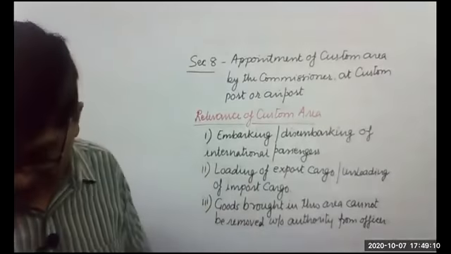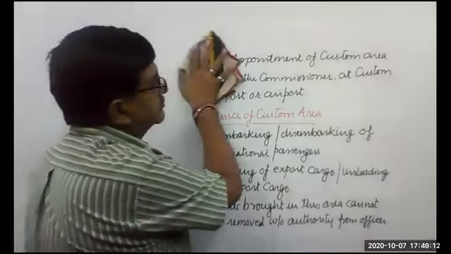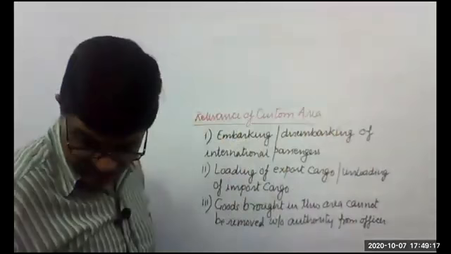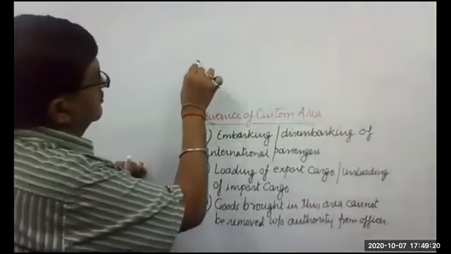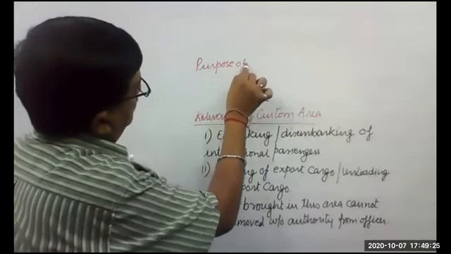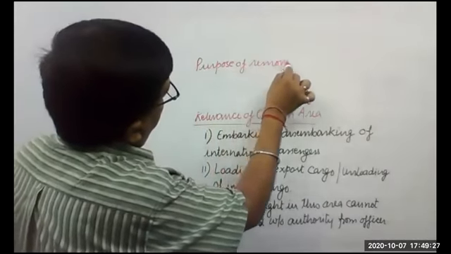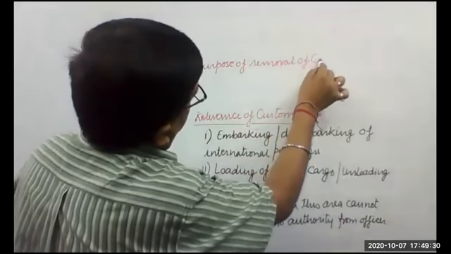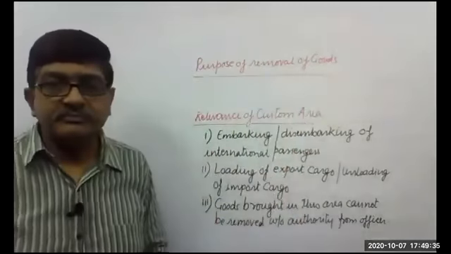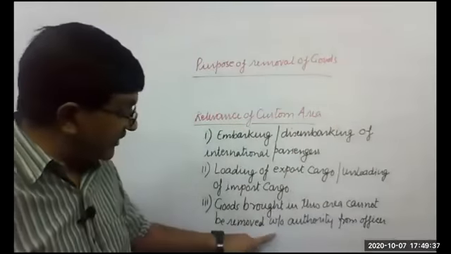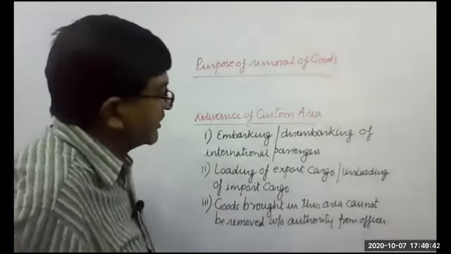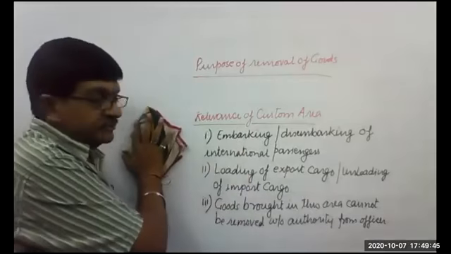Below this, you can write: purpose of removal of goods. Here we have written goods cannot be removed without a permission. Understand something more. What is the purpose of removal of goods? Can I clear this?